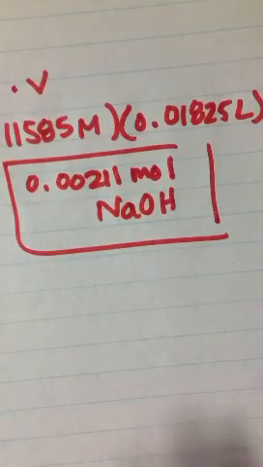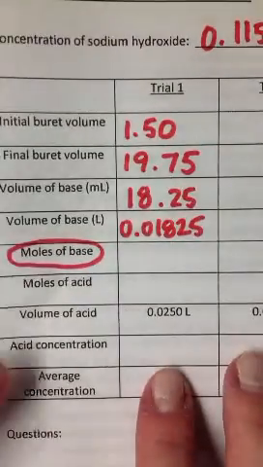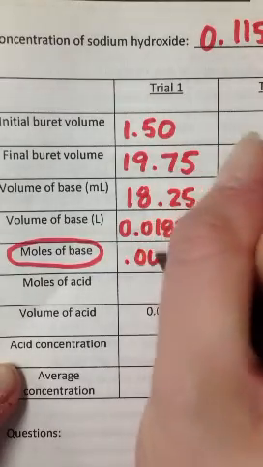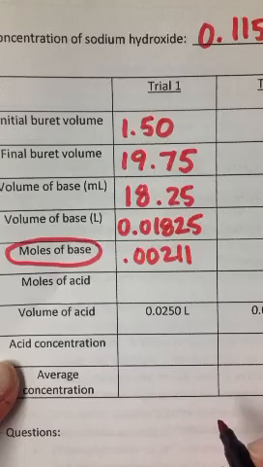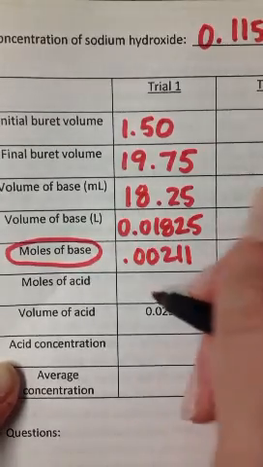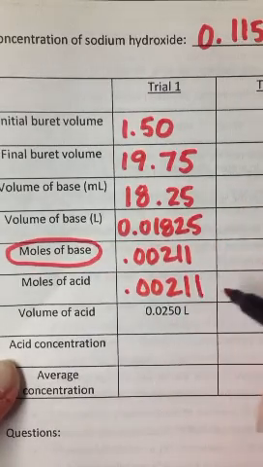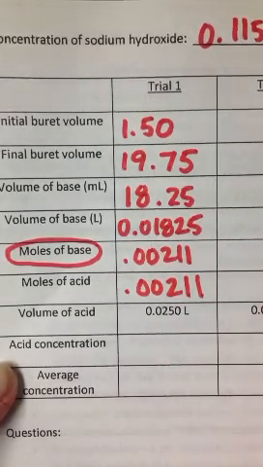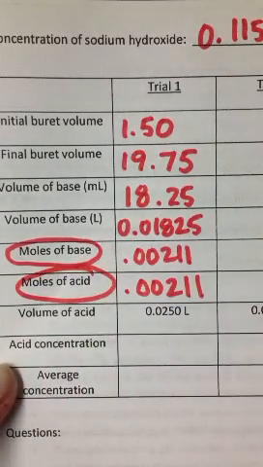Now the key principle here, and I'm going to transfer that over here into my chart, moles of base, 0.00211. Well, the key idea in a titration is that moles of base equals moles of acid. So right now, I'm going to say that my moles of acid also has to be 0.00211. Because if they're equal, then it will be a neutralization reaction. I have no extra base, no extra acid.